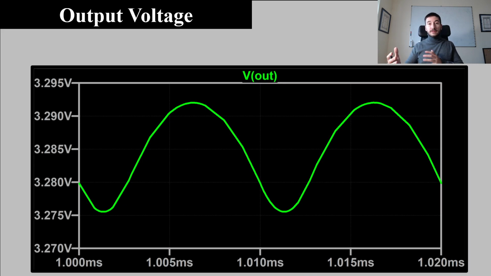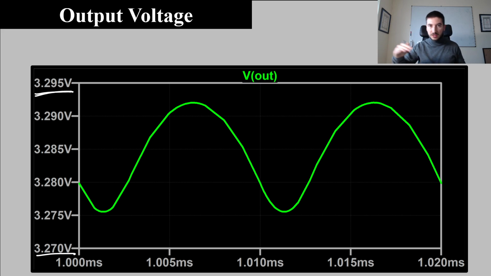Okay, here we have the result. This is the same waveform, but I am focusing on a very small voltage range. Note that here we work between 3.295 volts and 3.27 volts. So apparently the output voltage is changing a lot, but it's not true. It's because we are working in that narrow voltage range.